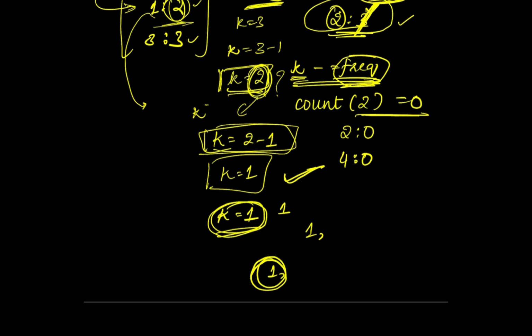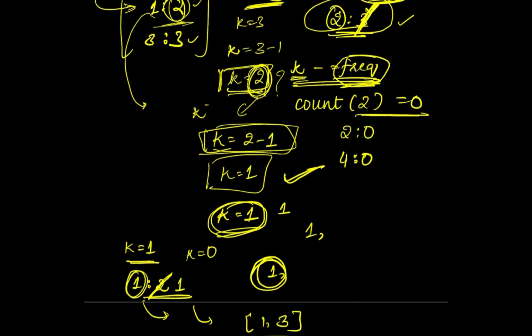For example, my k is equal to 1 and this 1 here occurs 2 times. So even if I eliminate one value, I will still be left with 1 element and k will be 0. So no matter what, I'll still have this 1 element as my unique element in this array.